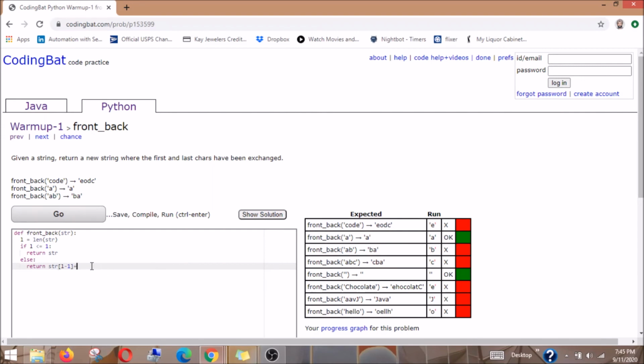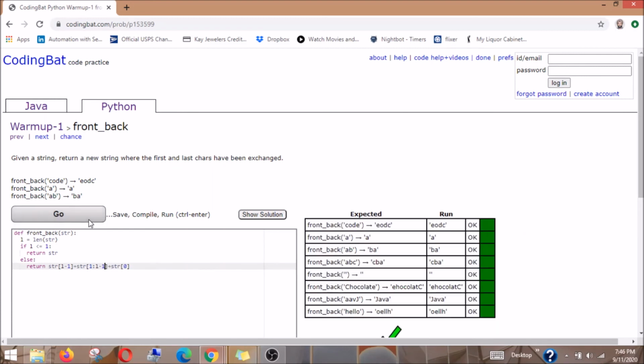It's giving E in the first one, then it should take from 1 to L minus 2 plus str0. Oh, which one is going away? L minus 1, yes, because the last character is not included. Now this is correct.